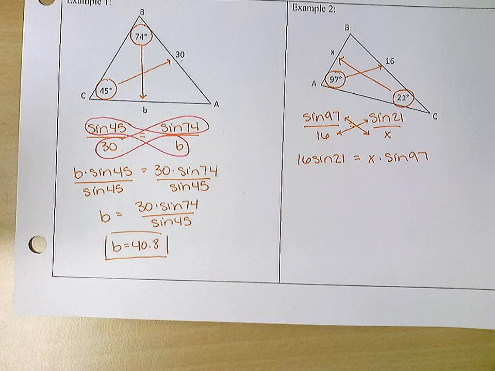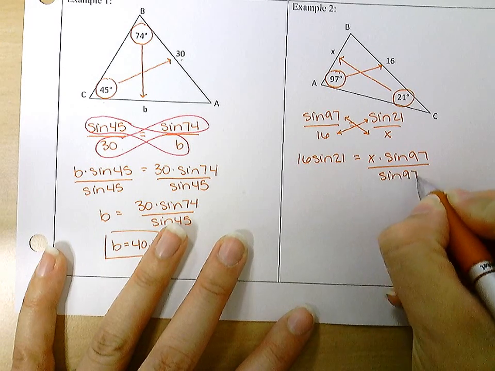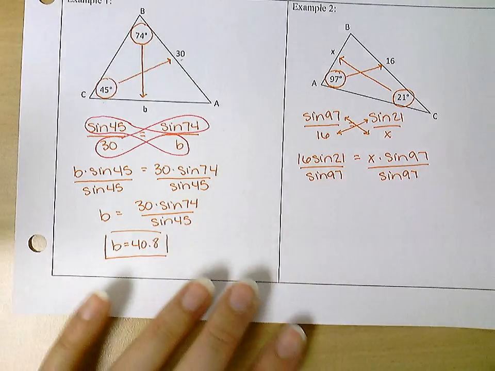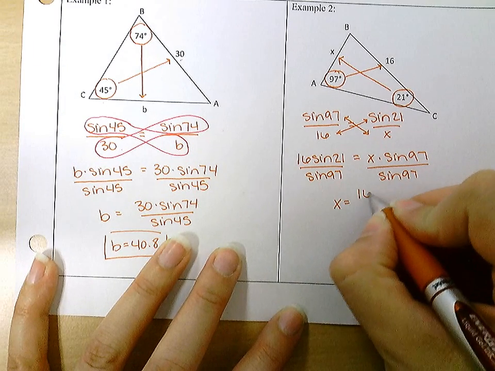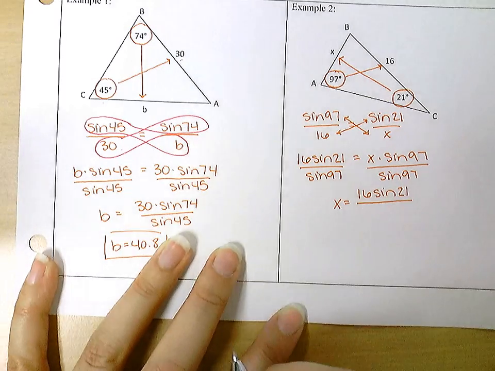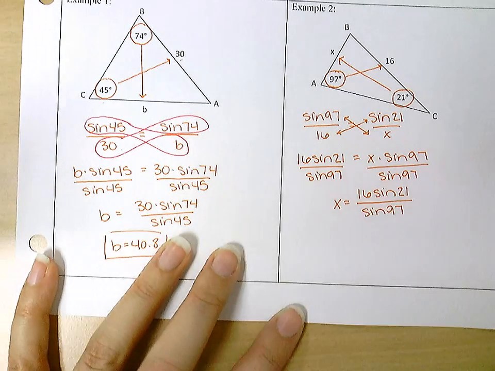Then we need that variable by itself, so we will divide both sides by the sine of 97. In our calculator, we can type out 16 times the sine of 21, divide by the sine of 97.